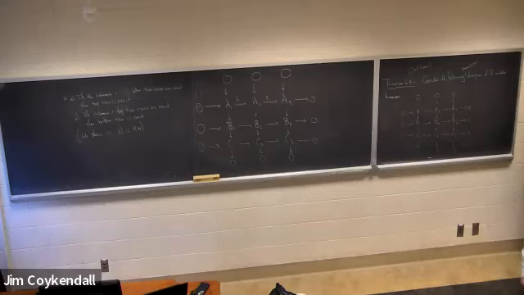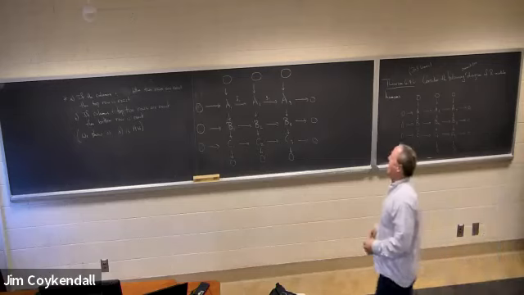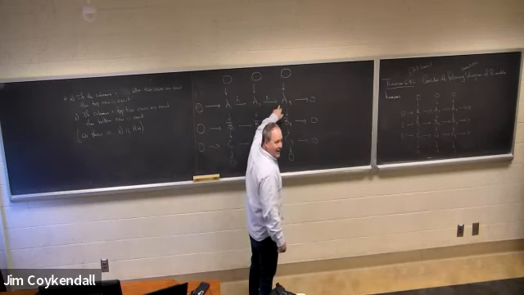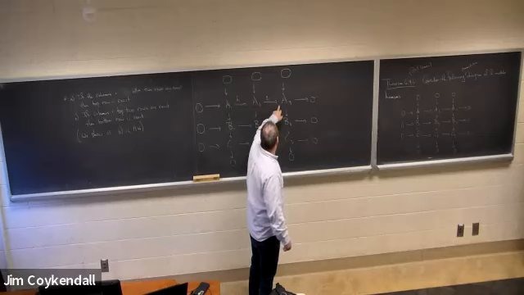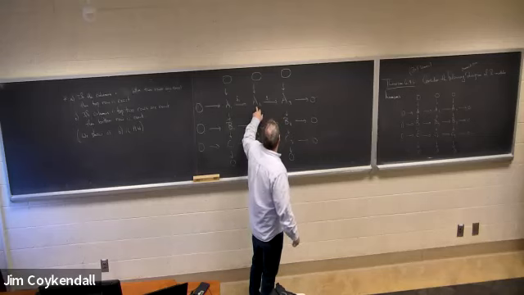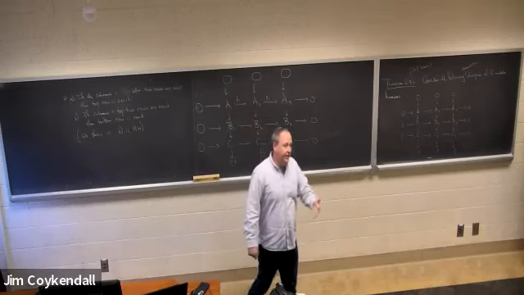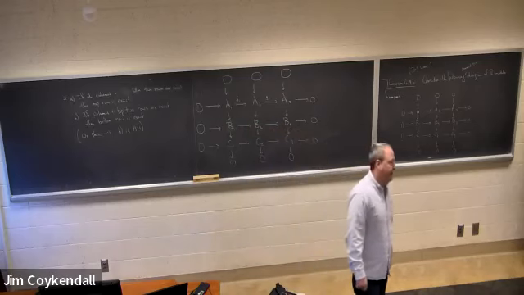I have to show that F1 is 1 to 1. I have to show that G1 is onto. I have to show that the image of F1 is contained in the kernel of G1, and that the kernel of G1 is contained in the image of F1. So there are four things that I've got to take care of.